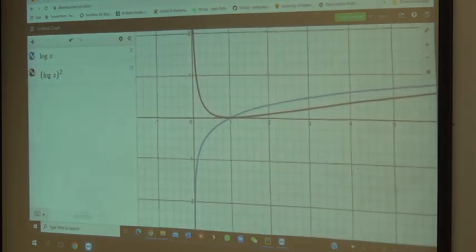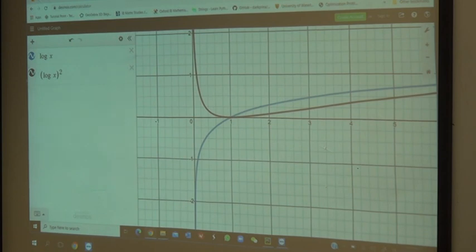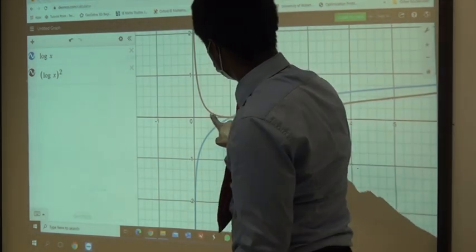Look at this also. Look at your square function. The square is the black one, isn't it? Yes. Both of them, the black one seems closer here.